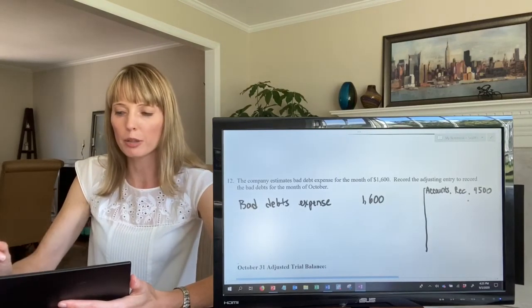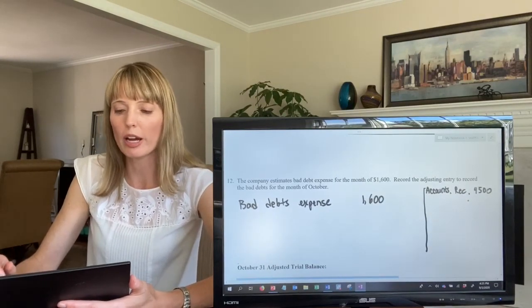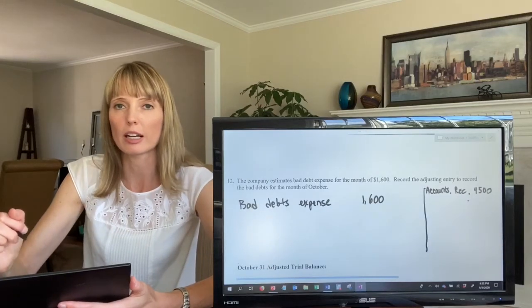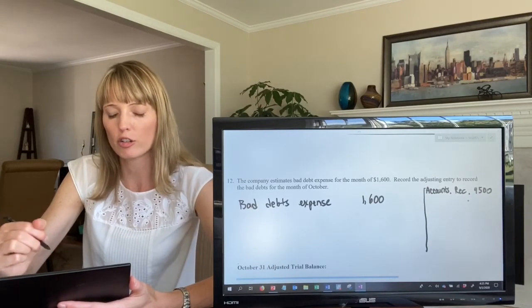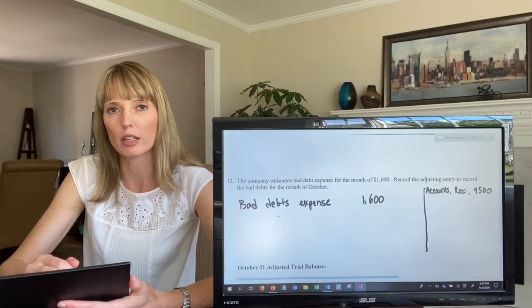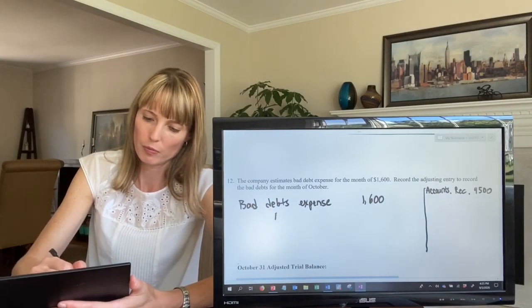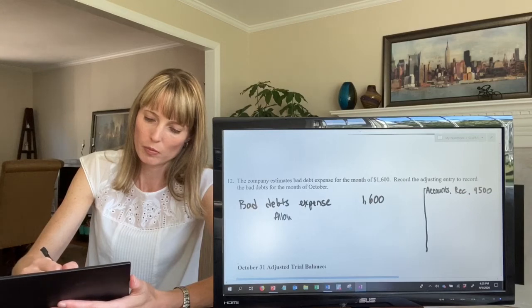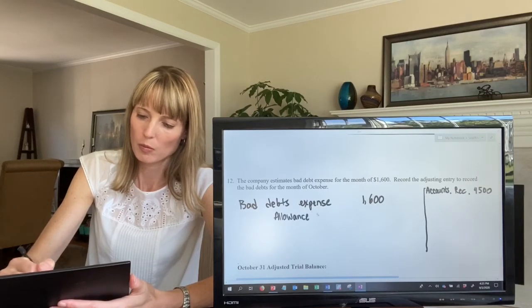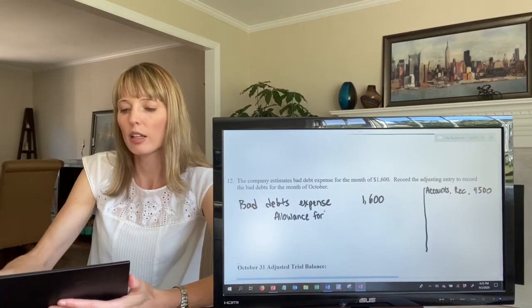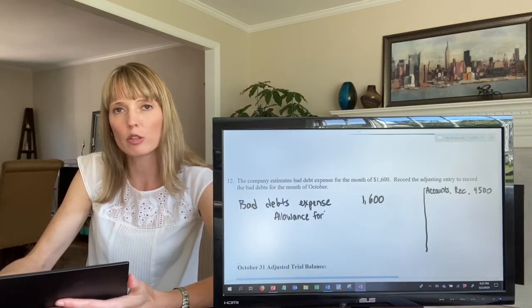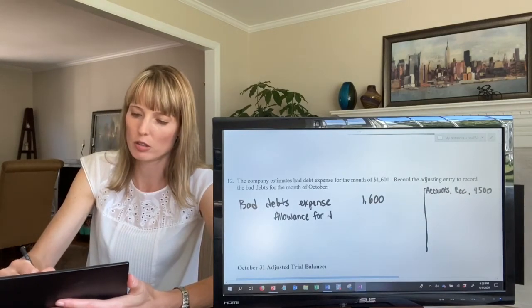So in a separate account, we track our estimate of what won't be collected. We do that in a contra asset account that we're going to credit. Do you remember what that account is called? It's the allowance for doubtful or allowance for uncollectible accounts.